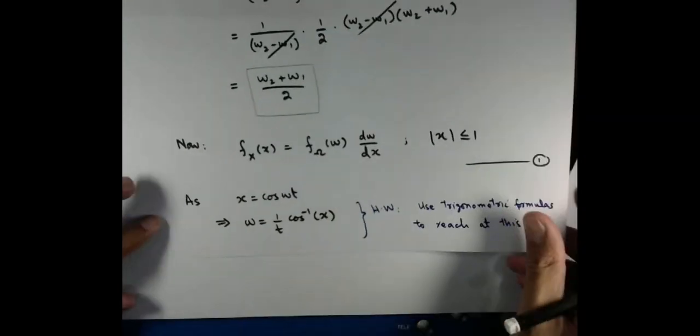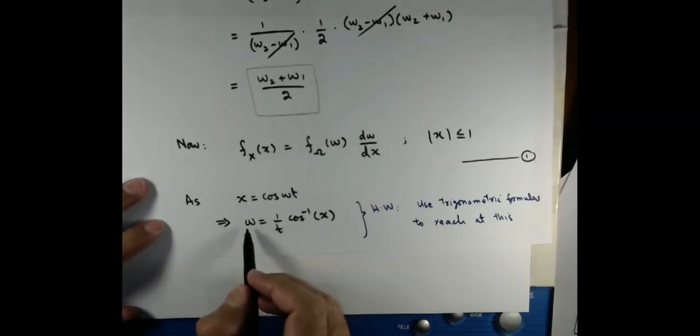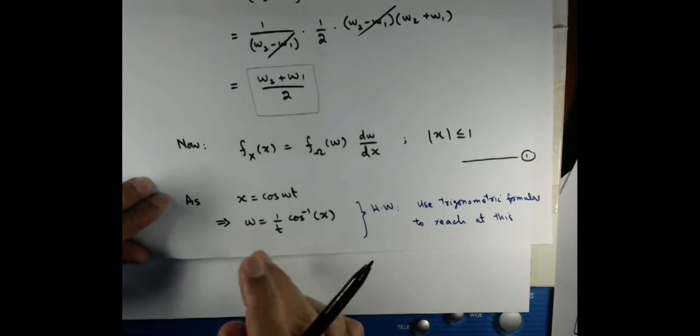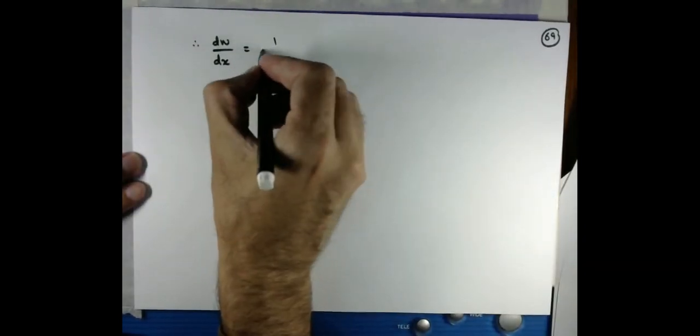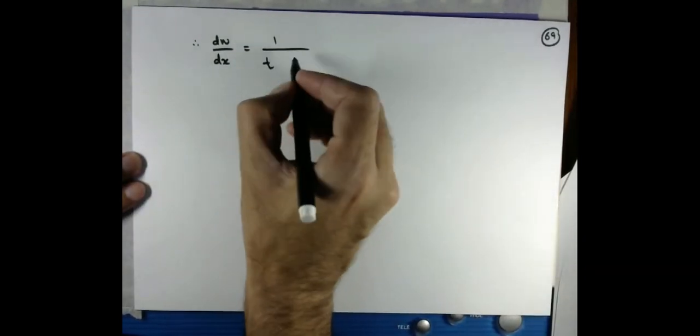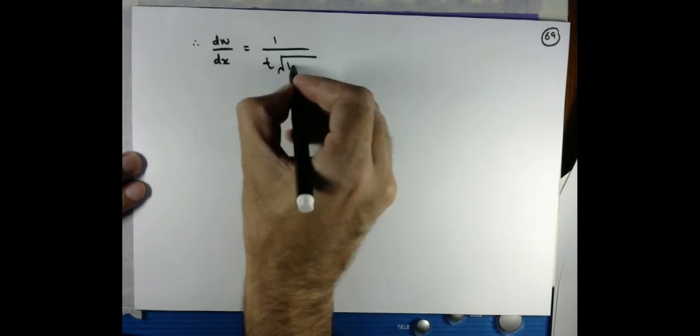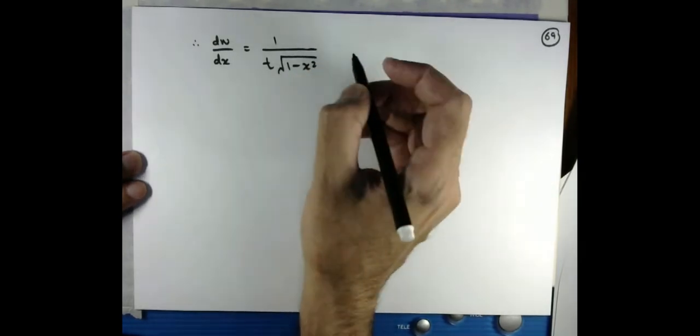So now we know that if x is equal to this, then omega is equal to this. Now simply differentiate omega. If we differentiate omega, we obtain d omega, with respect to x, as 1 over t times under root 1 minus x square.